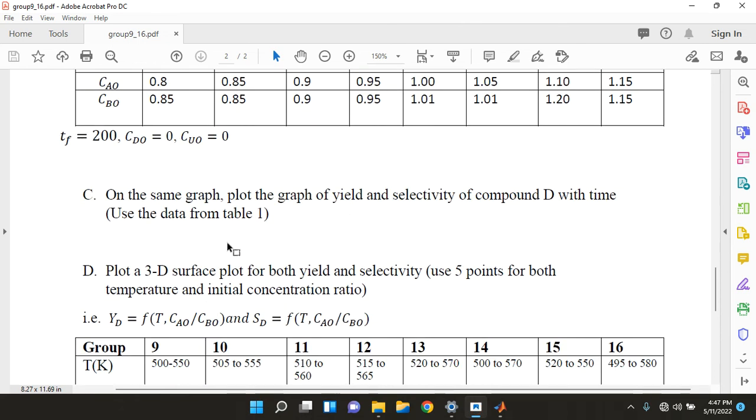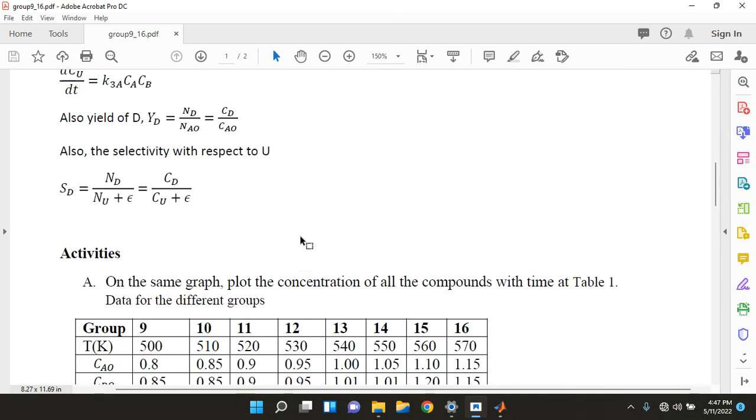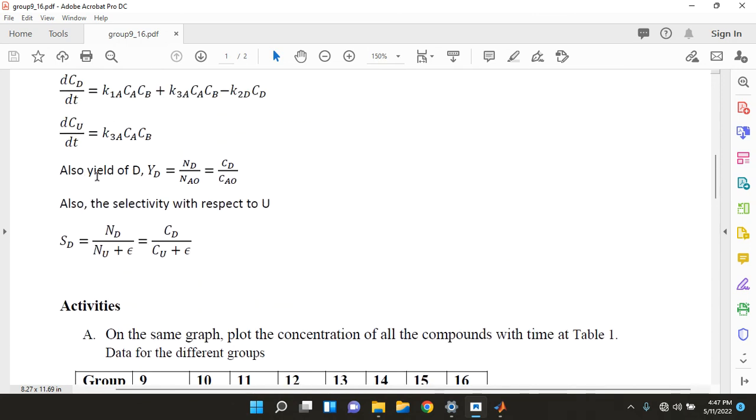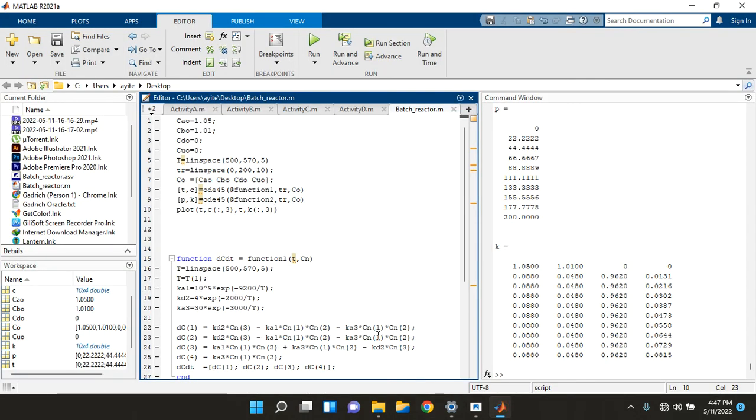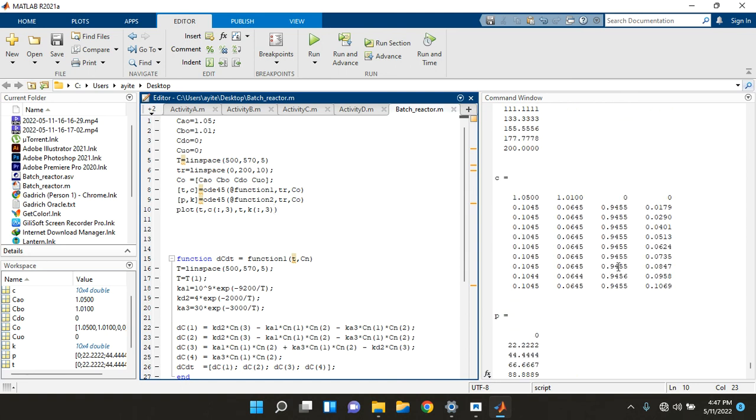And the third part says, on the same graph, plot the graph of yield and selectivity of compound D with respect to time. So this is the formula for finding the yield, which is the concentration of D. So you do it again. So from this example, there are our concentrations.